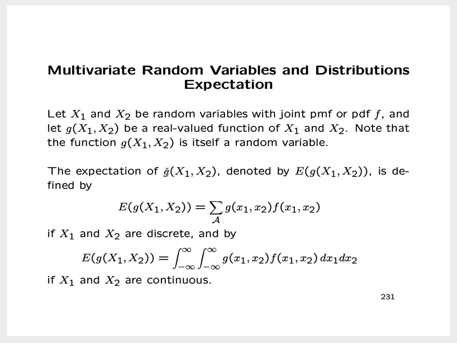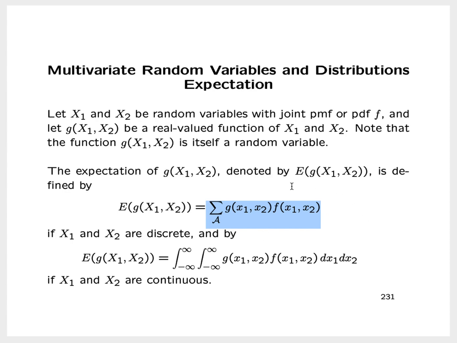Now the expected value of this function g, which is a function of x1 and x2, is denoted this way. This is not surprising since we've seen how we represent expectations for univariate random variables. If we have discrete random variables x1 and x2, then we evaluate this expectation via summation.